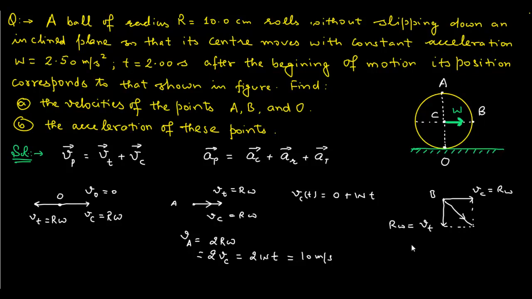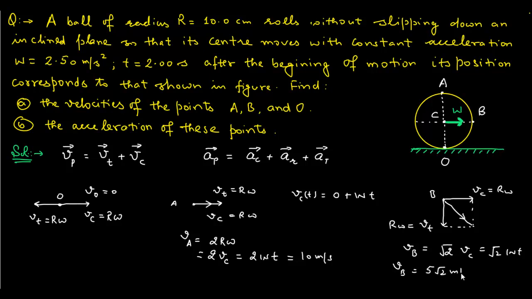So the resultant velocity of point B is root 2 times the velocity of the center, and we have calculated that as wt, so it is root 2 wt. So the velocity of point B at t equal to 2 seconds is 5 root 2 meter per second.